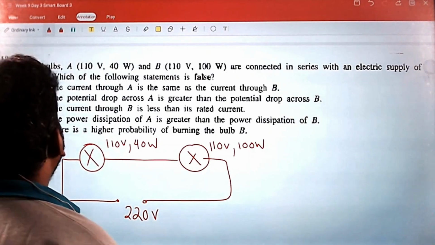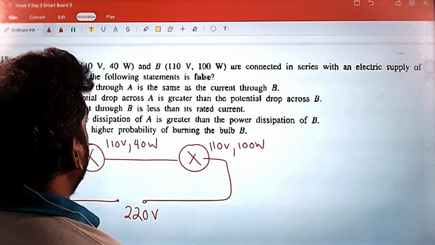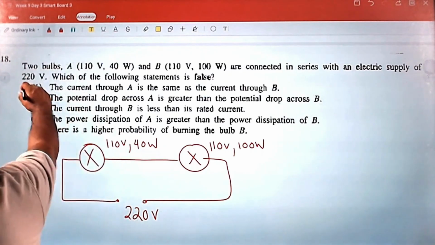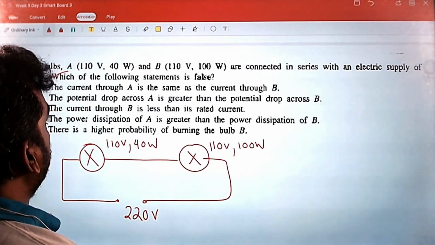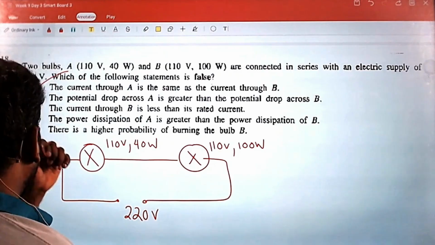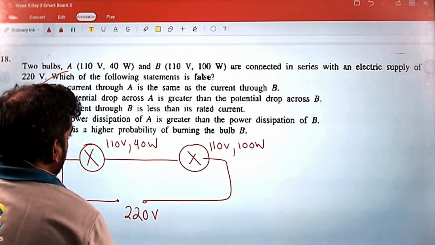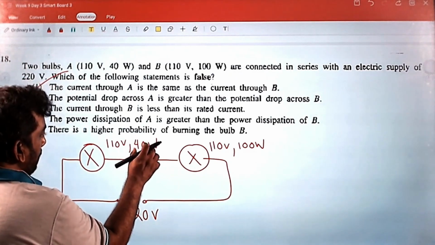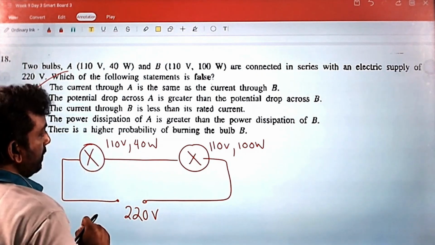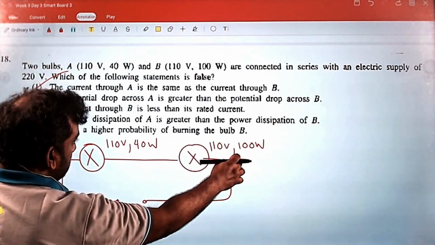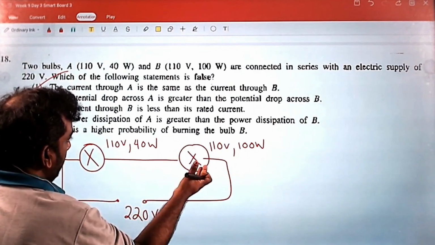Look. Current through A is the same as through B, since they are in series. Potential drop across A is greater than potential drop across B. Here, for the same current, if power is small, voltage is small, and if power is large, voltage is large.